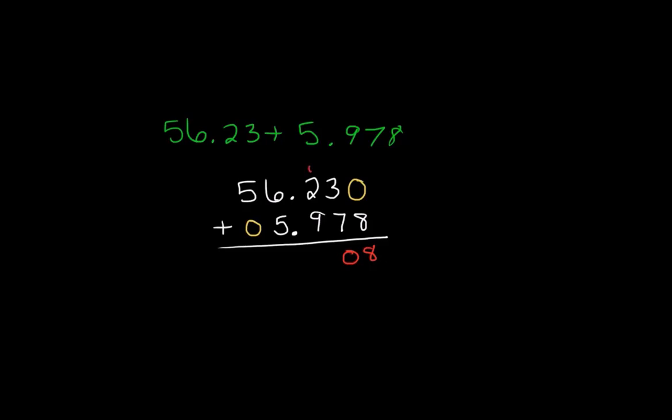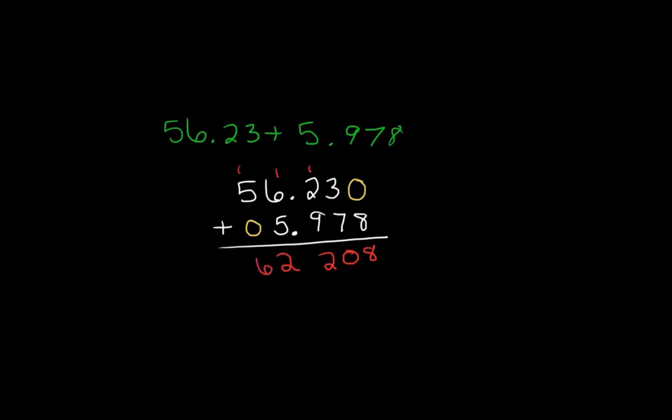9 plus 2 is 11, plus 1 is 12. You're going to write down your 2. Carry your 1. 5 plus 6 is 11, plus 1 is 12. Write down your 2. Carry the 1. 1 plus 5 is 6, plus 0 still is 6.